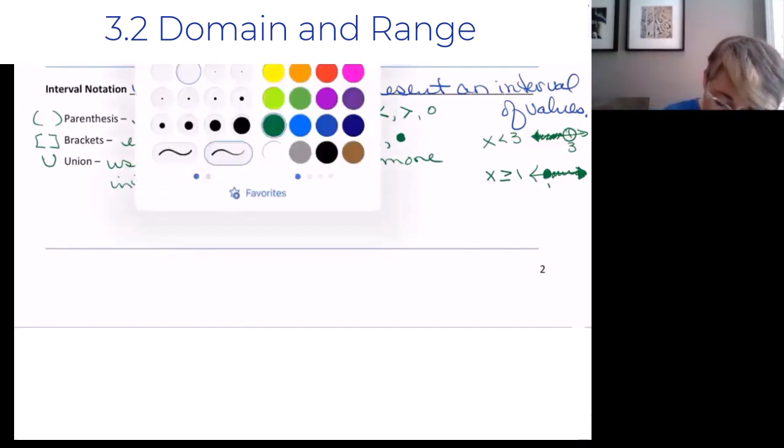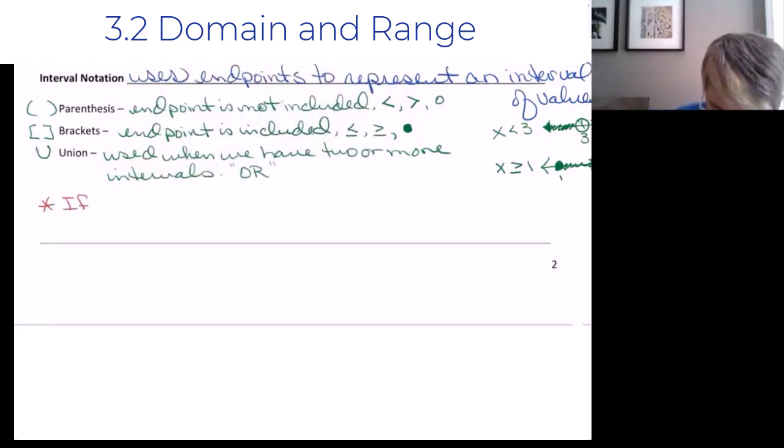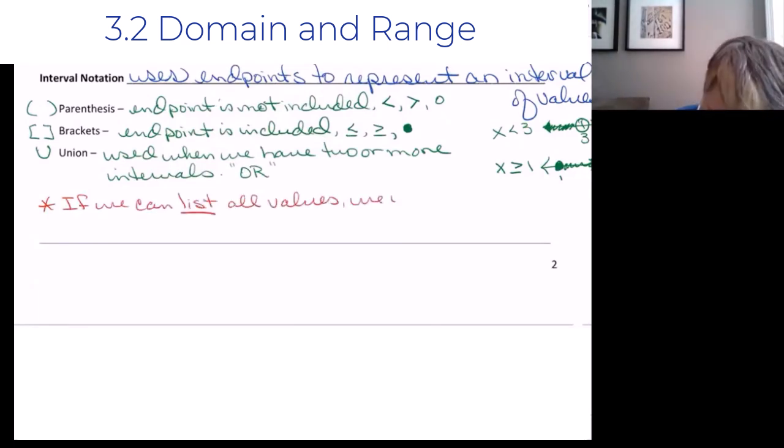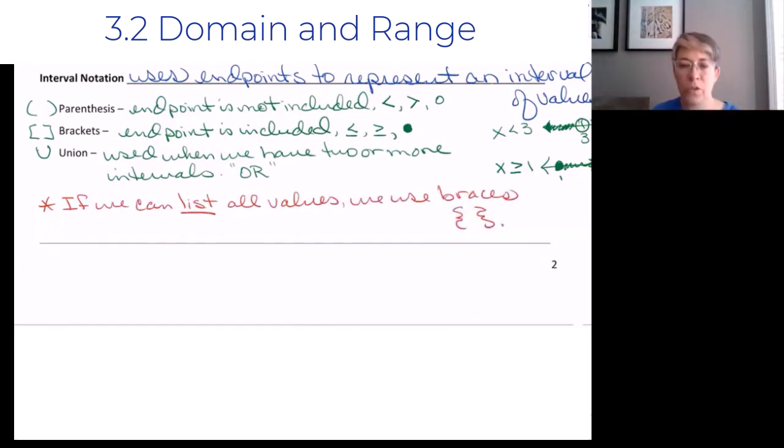Now, a little side note, if we can list all values, we use braces, which are like this. So that's different. Intervals is when everybody between negative infinity and 5 works, or everybody between -1 and 7.